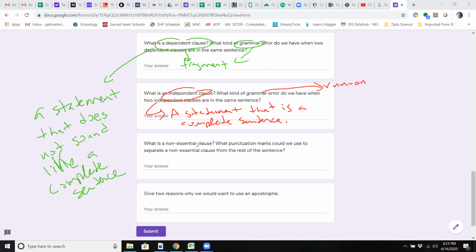A non-essential clause looks like this. Like you could say, my friend Jack, who is very intelligent, earned all A's in college.